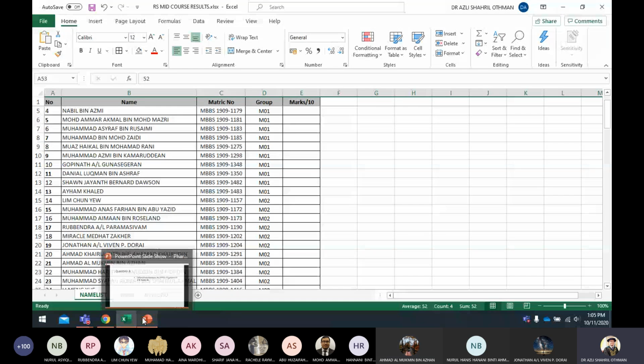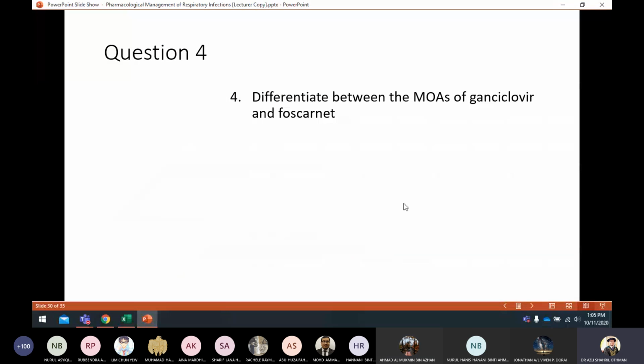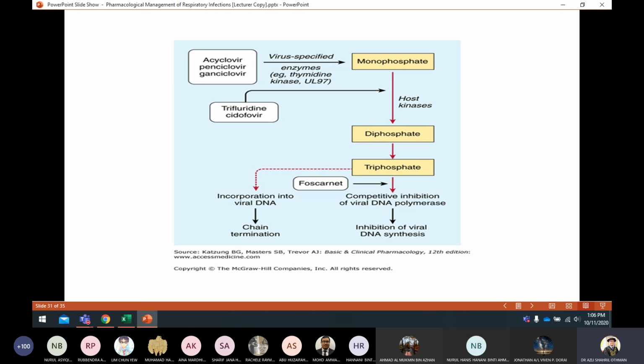Okay, thank you, Mu'min. So that's the main difference between your acyclovir, ganciclovir, and foscarnet. Foscarnet is slightly different because it does not require this triphosphorylation process. If you remember your antiviral drugs, most of the drugs will require activation by phosphorylation.